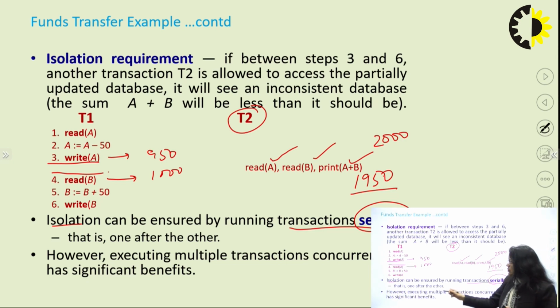Why? Because executing multiple transactions concurrently has significant benefits, so we need to get that benefit. We cannot run all the transactions serially; it is very time consuming. So in a real scenario, we need to maintain that concurrency through the concurrency control module.